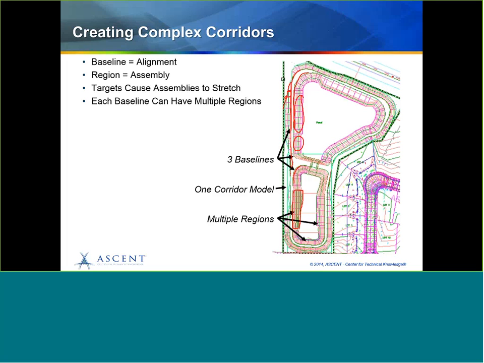So I can have all of these different regions, which are equal to assemblies, and the different baselines, which are equal to alignments, all combine together to create one cohesive model. And then, of course, each region can target something different. So I can have, let's say, in this area right here, rather than targeting the surface, I can have it come out and target this polyline or feature line that's out here so that I have a nice slope going all the way to the edge of my parcel.